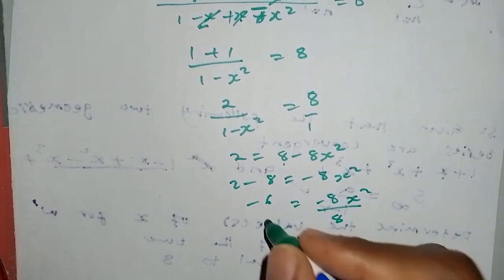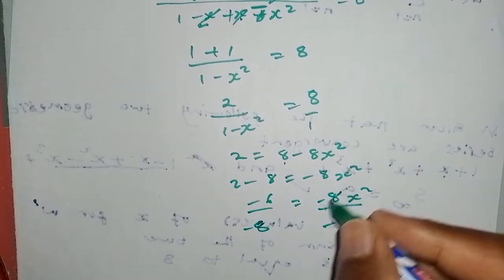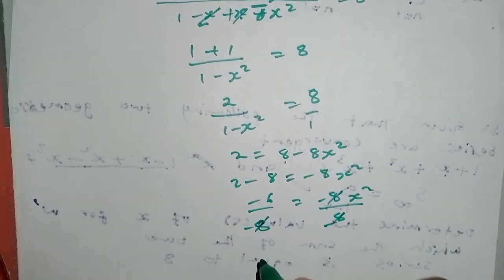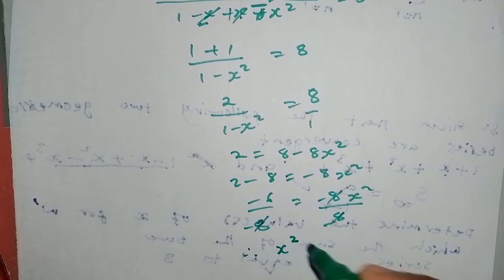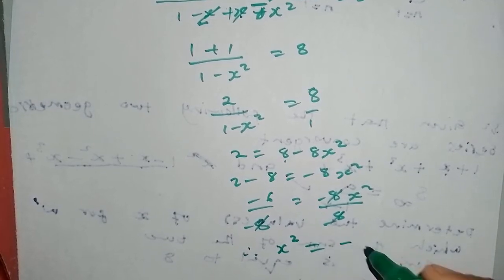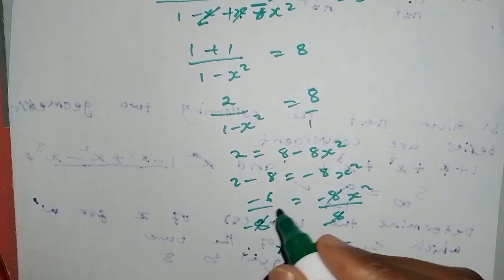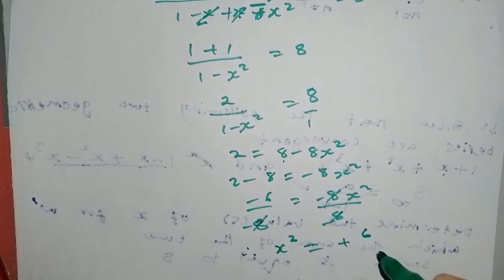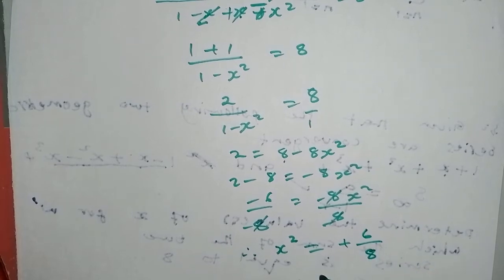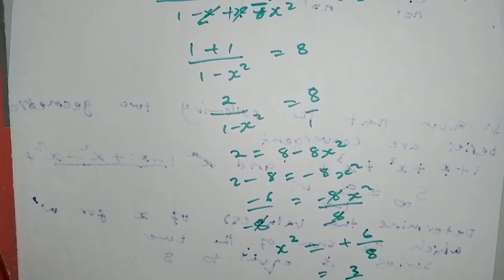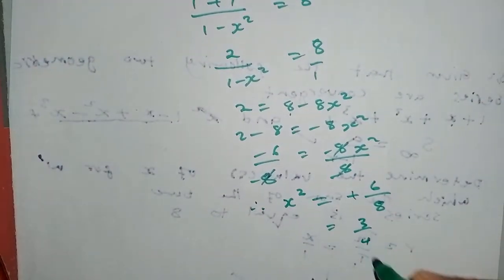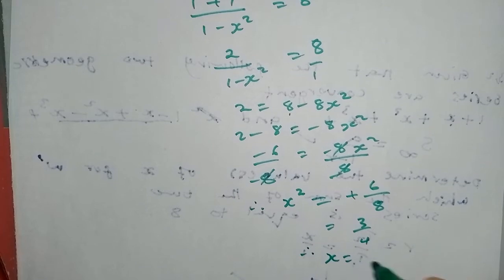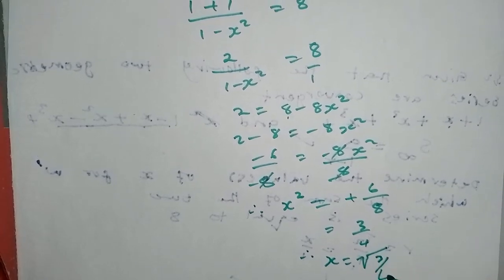Divide by 8 on both sides, and the negatives cancel. Therefore, x squared equals positive 6 over 8, which is just like saying 3 over 4. Therefore, x equals the square root of 3 over 4.